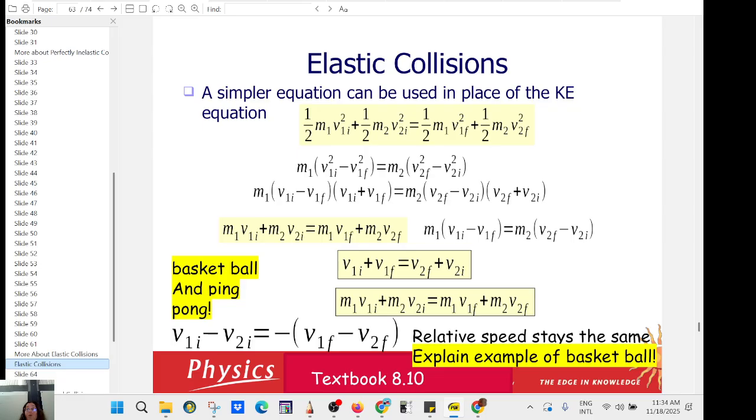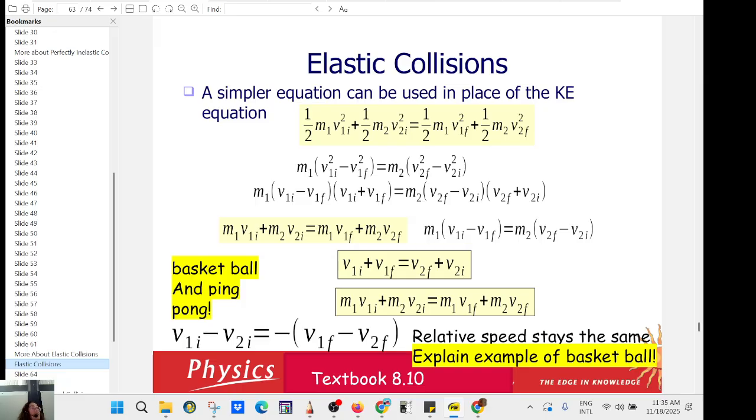So again, in an elastic collision, the total amount of kinetic energy before equals the total amount of kinetic energy after. You should play with that. You have to use v squared minus a squared minus b squared, whatever, and you get to this.